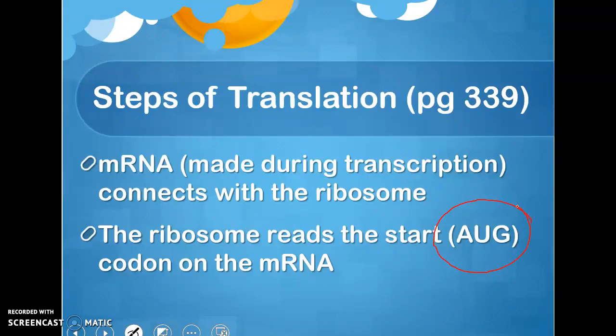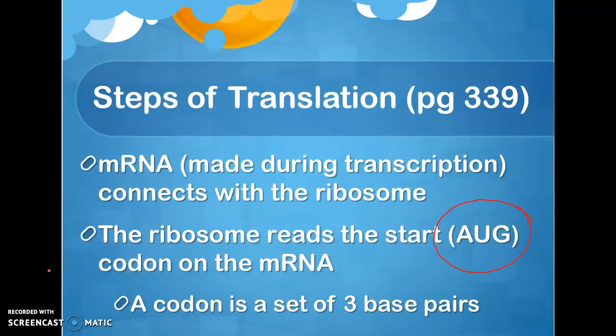So it's kind of like me reading a paper and not starting to grade it unless it has a name on it. Okay, sorry about that. So the ribosome is going to read the mRNA until it hits the AUG. Once it hits the AUG, it will squeeze, and then it will start attaching tRNA molecules every time after that.